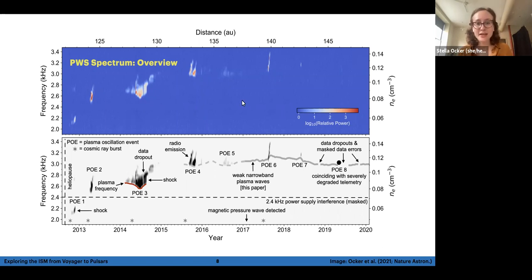As such, Voyager 1 was essentially relying on fortuitous, unreliable detections of these events in order to measure the plasma density. So when I joined the Voyager team last year as a guest investigator, one of my first goals was to try to extract as much density information out of this PWS spectrum as possible, in particular by searching for plasma oscillations that had not been detected previously.